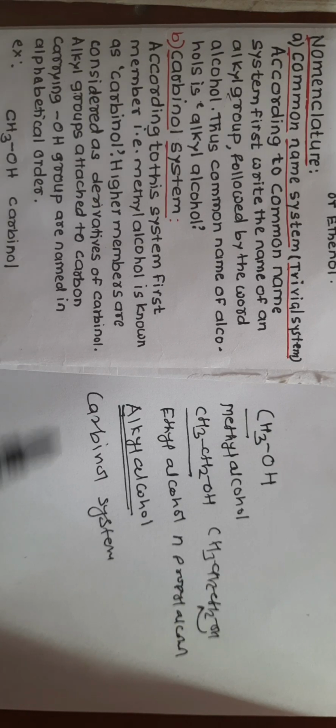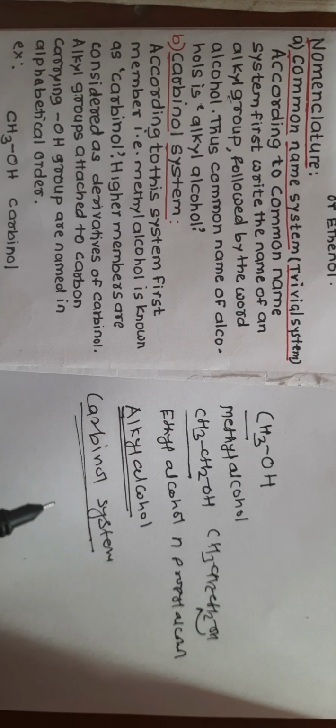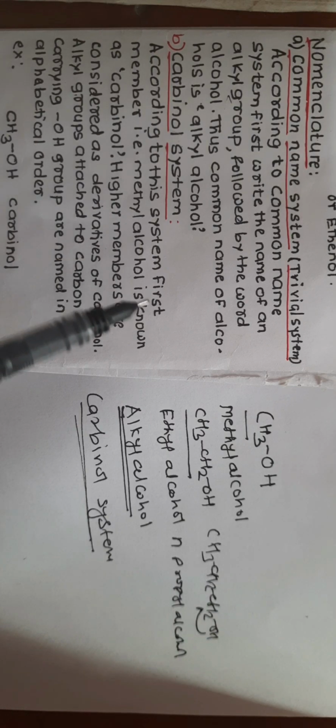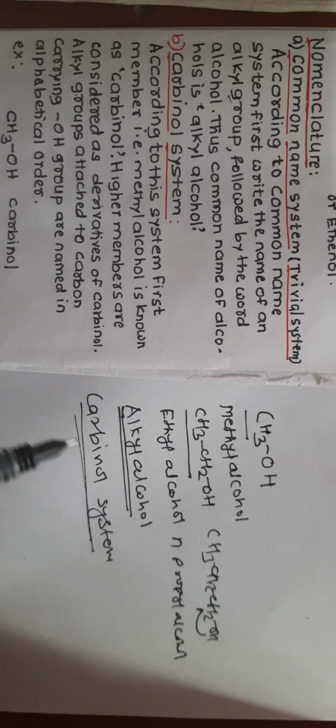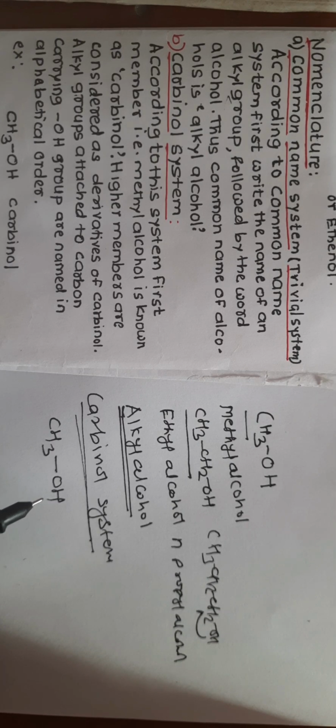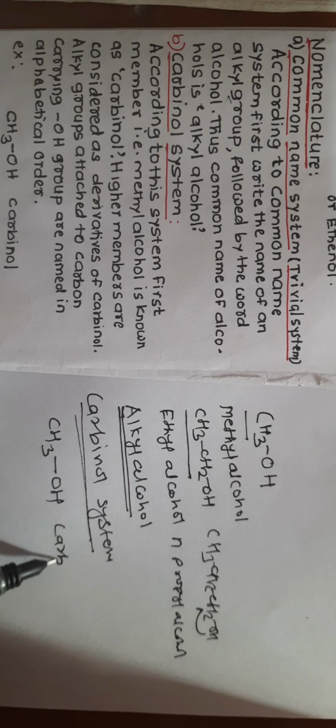But here in alcohols, there is one more method, that is the carbinol system. According to the carbinol system, the first member that contains only 1 carbon atom, that is CH3OH, is the first member of the alcohol series. That first member is known as carbinol.